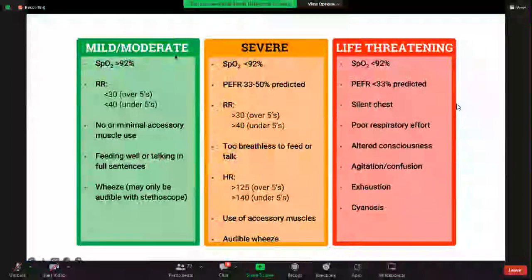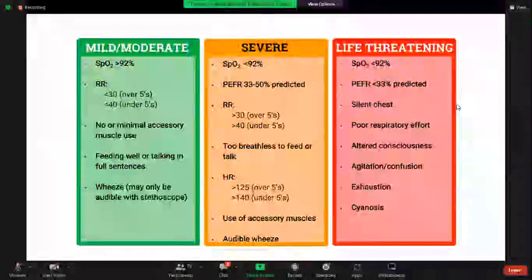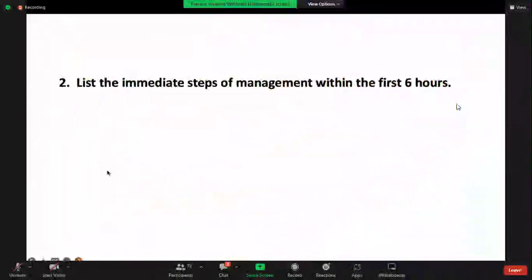Yes, good. So as you can see, according to the categorization, it's definitely not life-threatening and doesn't come under moderate as well. So it's severe. Right. Okay. Good. So how would you manage? Within the next 6 hours, how would you manage this child? So this child is having acute severe asthma. So steps in the management.